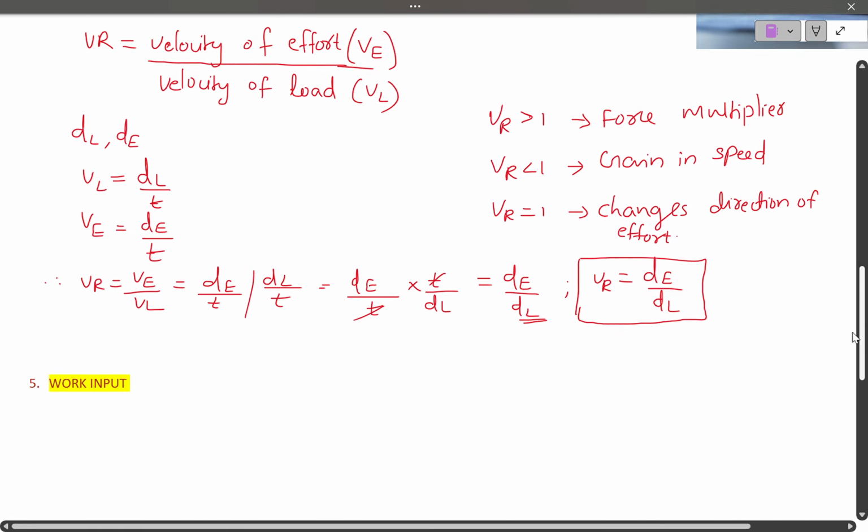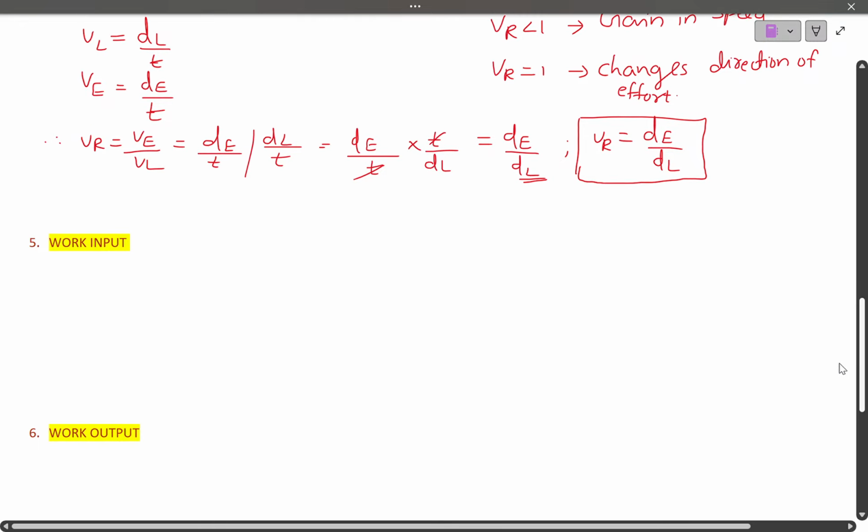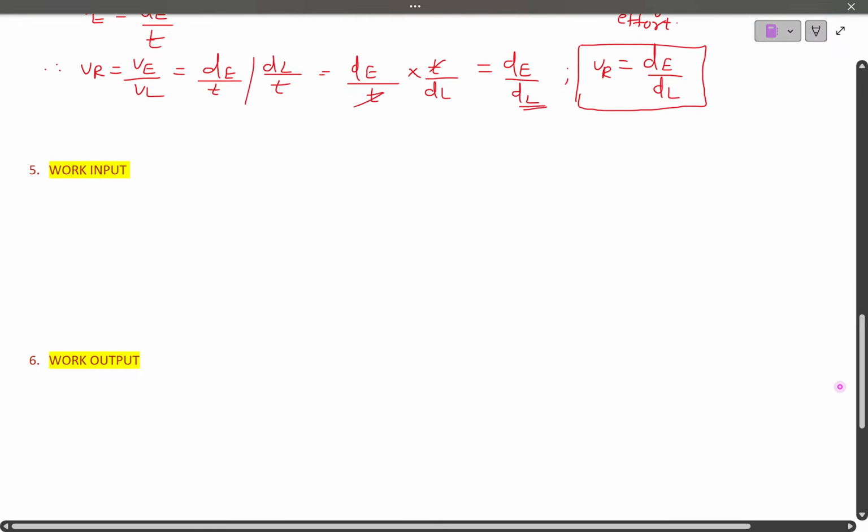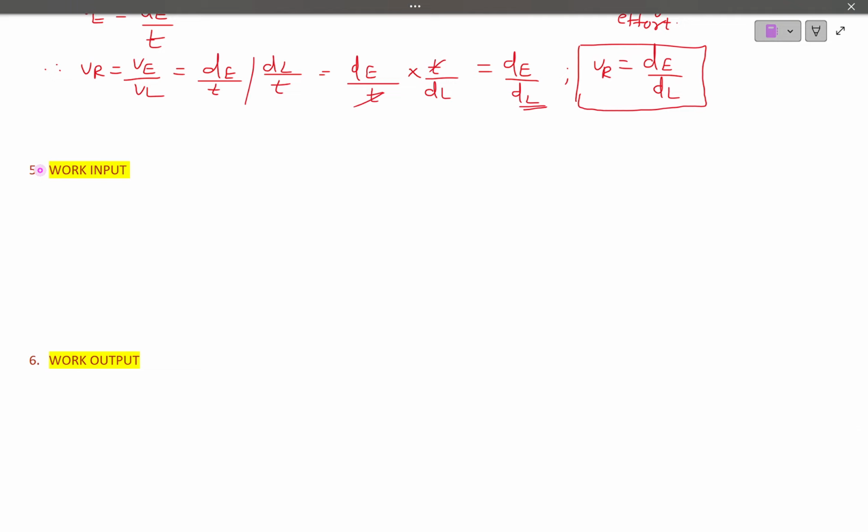Hope you understand. The next term related to machine is work input. Work input means the work done on the machine by the effort is called work input. This is the fifth term related to machine, work input.